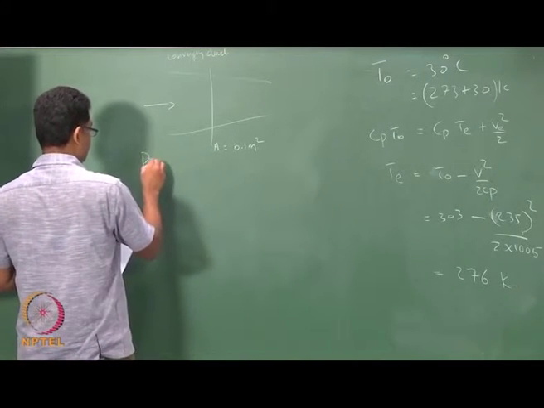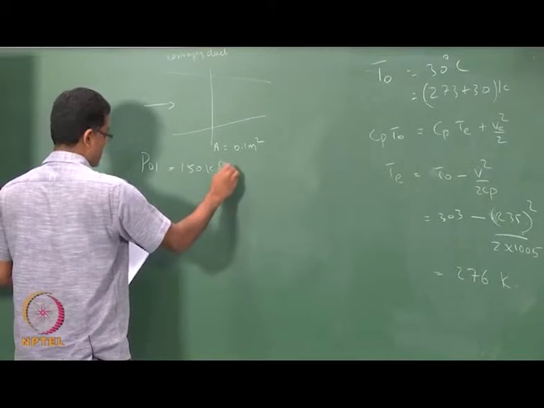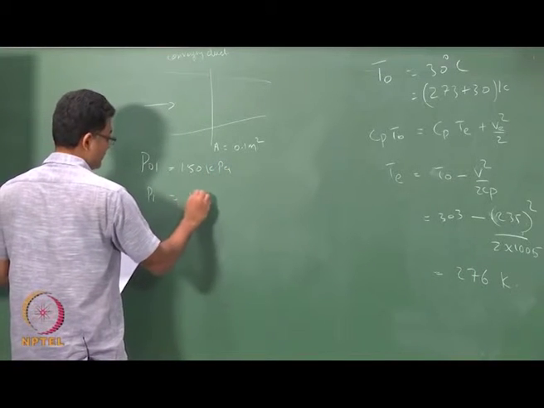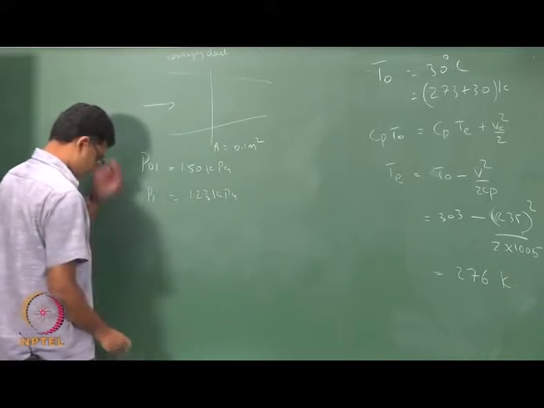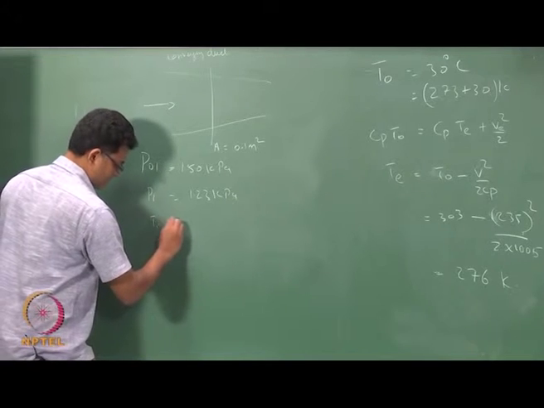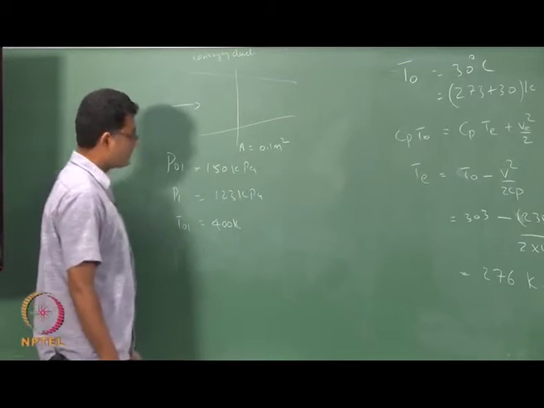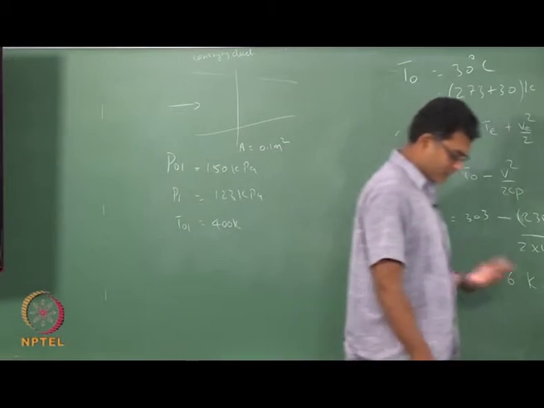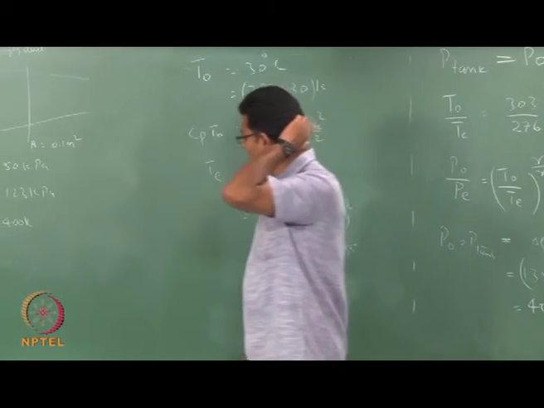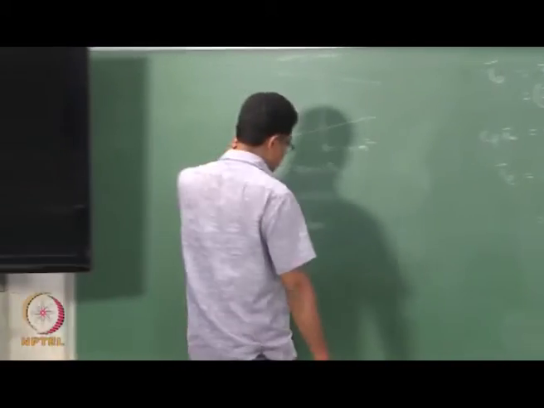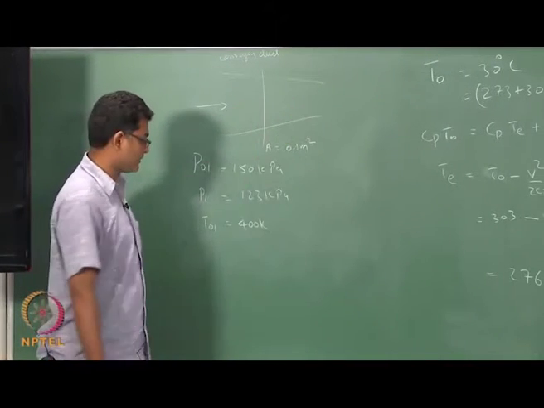P01 is given as 150 kilopascal, P1 is 123 kilopascal, T0 is 400 Kelvin. Our usual assumption, there is no heat transfer, no Q, there is no shaft work, no Ws, and let us also assume isentropic flow. So, your P0 and T0 are going to be constant throughout the flow.